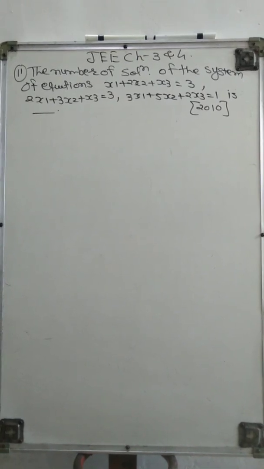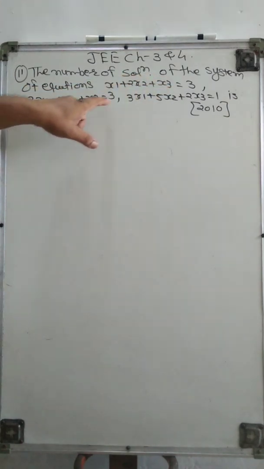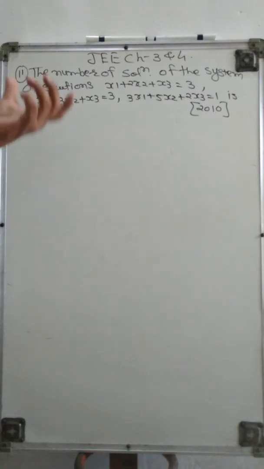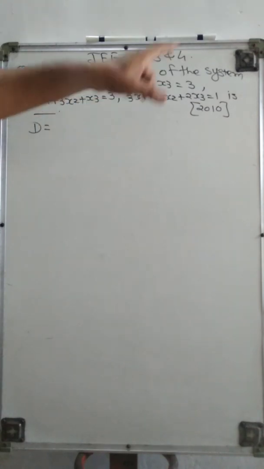Now the 11th sum. The number of solutions of the system of equations x1 plus 2x2 plus x3 equal to 3, 2x1 plus 3x2 plus x3 equal to 3, and 3x1 plus 5x2 plus 2x3 equal to 3 is dash. To find the number of solutions, first of all we want to find D, D1, D2 and D3. First we find D, the determinant of the coefficients of x1, x2, x3.